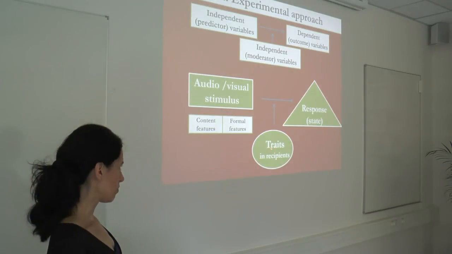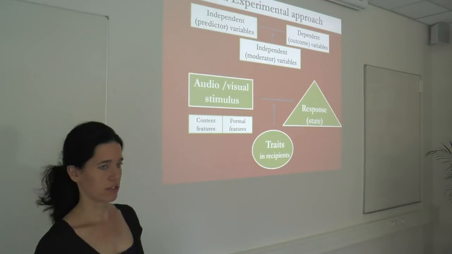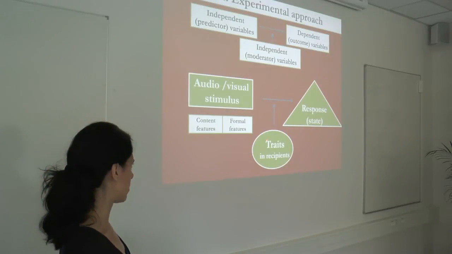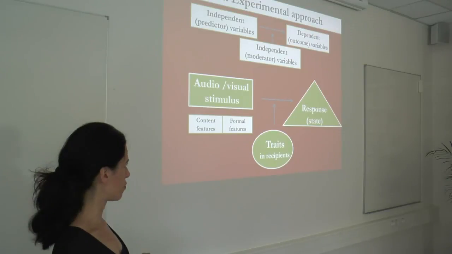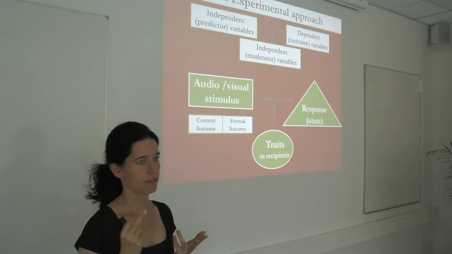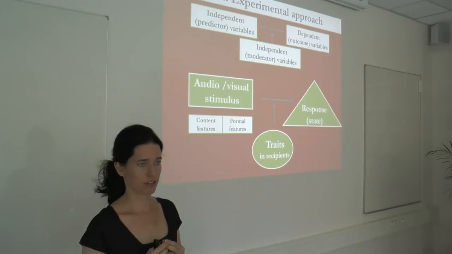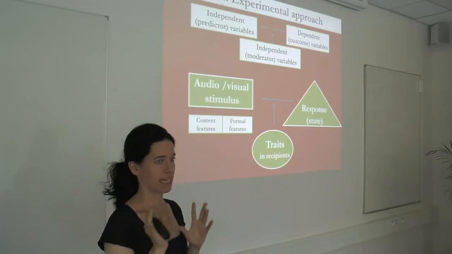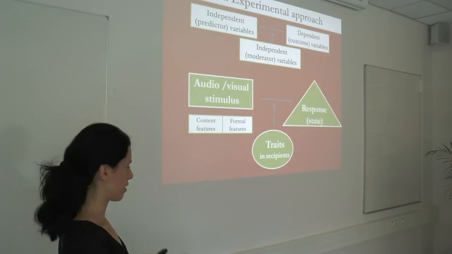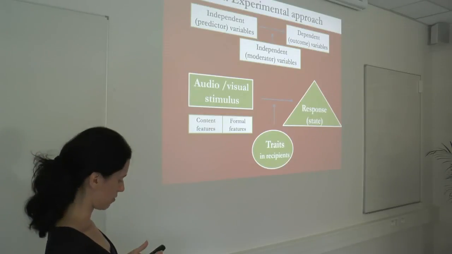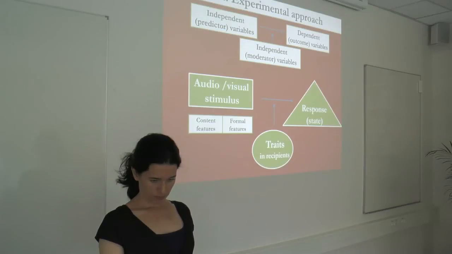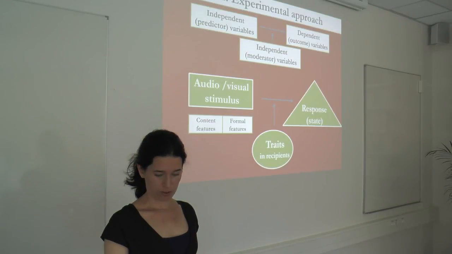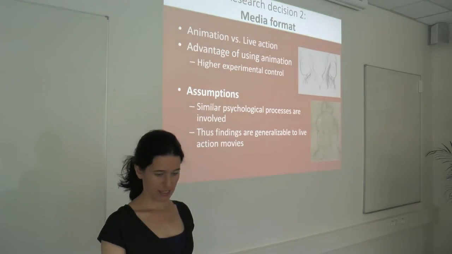And we did not really focus on traits this time, but we could have introduced a few trait variables of the recipient, like trait empathy or trait capability of theory of mind, or any other personality features, demographics, gender, age, education. So this was the conceptual model we were working with.